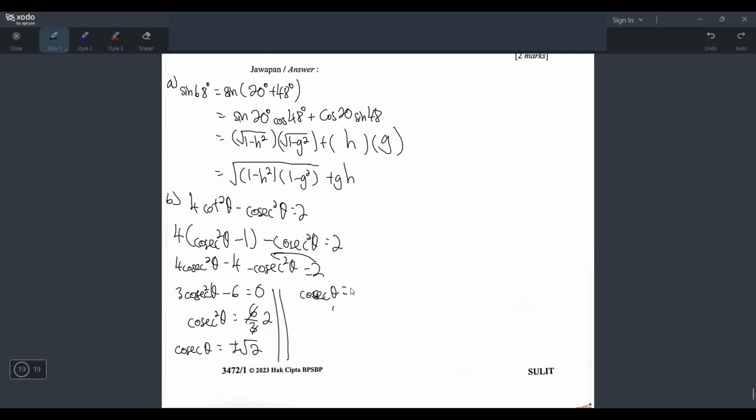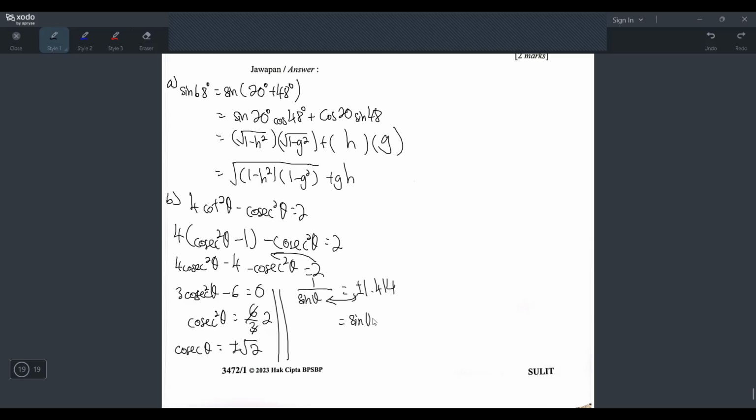Okay, we press calculator, what does the calculator give me? 1.414. So you can write 1.414, but there's a plus minus sign here. And cosec is actually what? 1 over sine, right? So you can flip this to become 1 over sine theta, right? So now this one can move up here, this one can move down here.